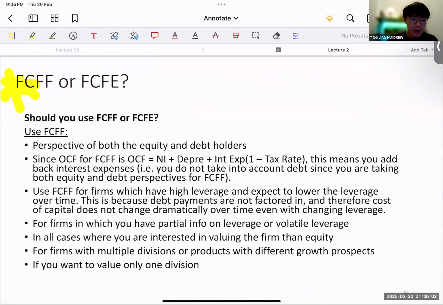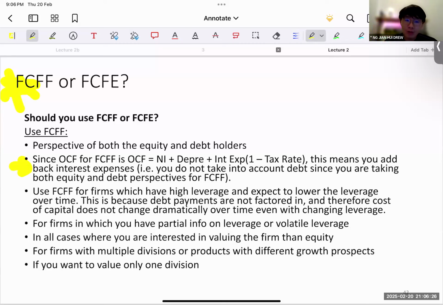For FCFF, we are trying to see the cash flow to both the debt holder and the equity holder, and because of that, we are looking at both perspectives. We do not want to consider anything relating to debt inside our cash flow, which is this thing here. Okay.